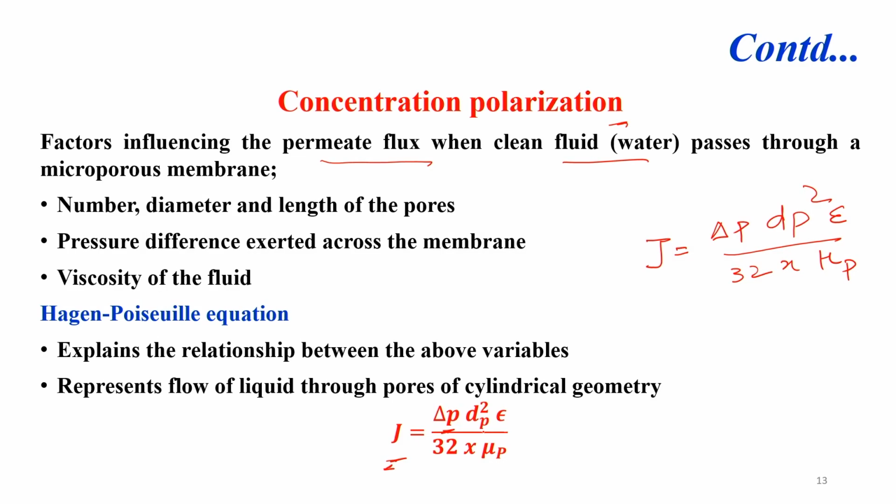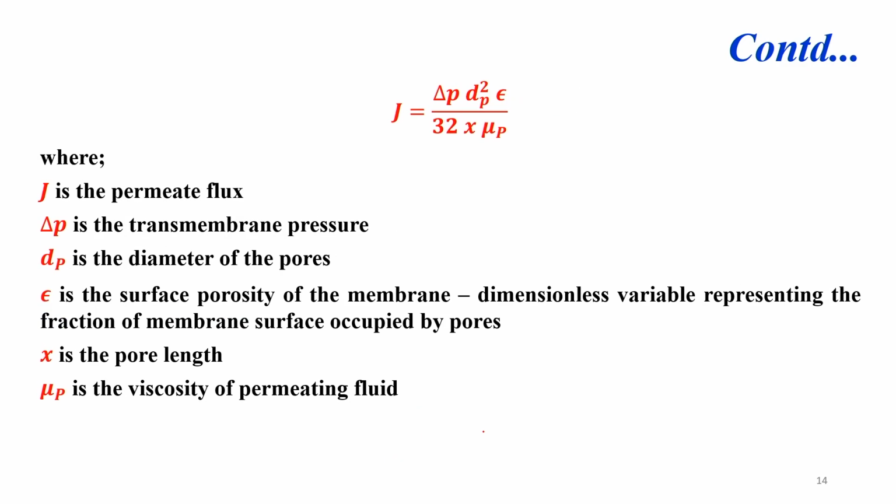So, this is the Hazen-Poiseuille equation which relates the flux with delta P, the transmembrane pressure, diameter of the pores, surface porosity, pore depth and the viscosity of the permeating liquid.